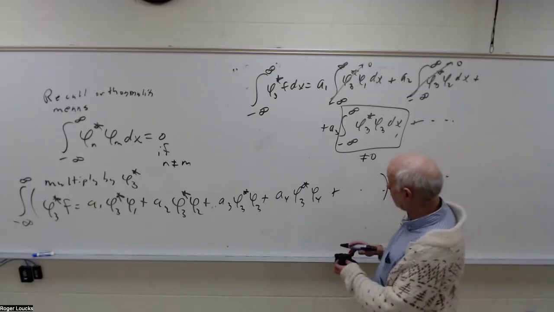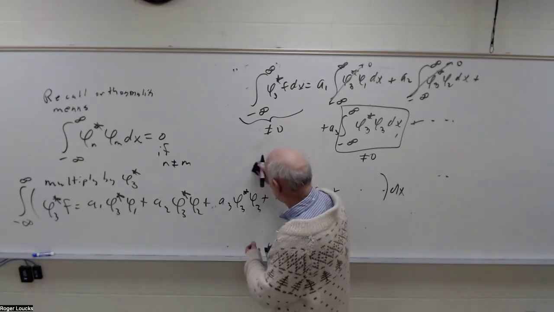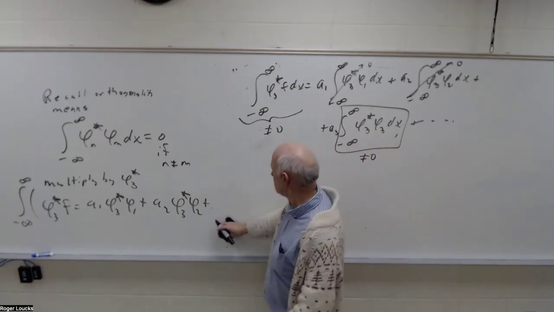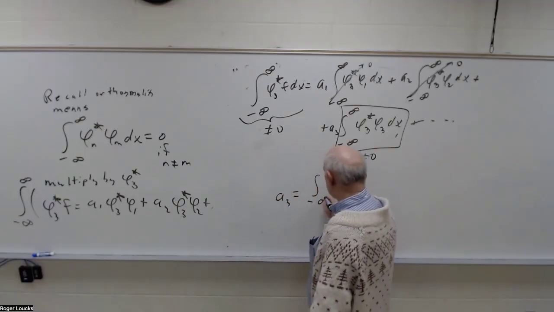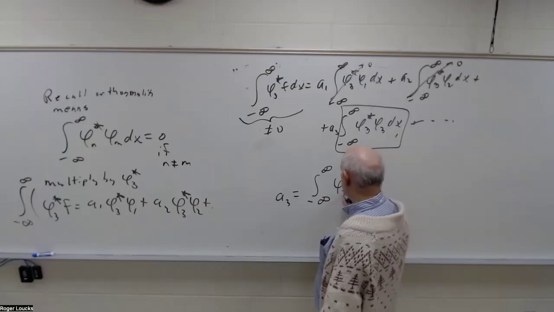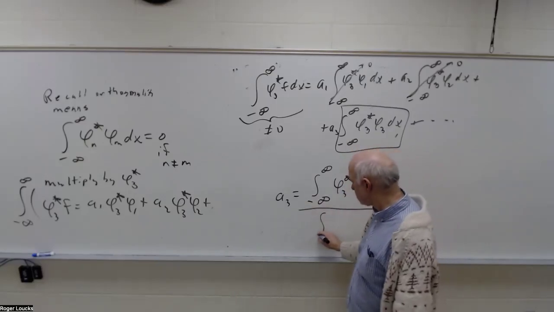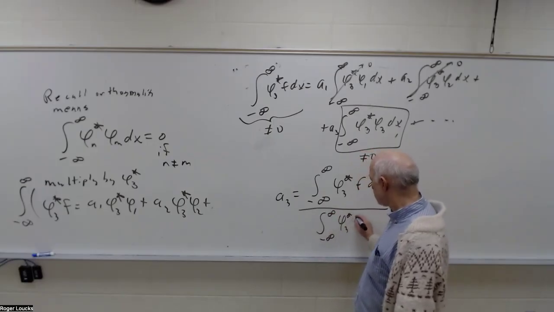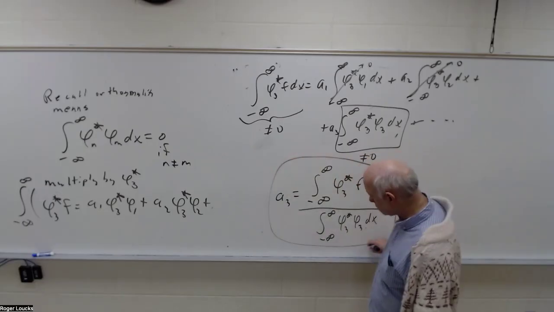This side here is not equal to 0. So what that means is that A3 equals the integral from minus infinity to infinity of phi 3 star f of x, all over the integral from minus infinity to infinity of phi 3 star phi 3 dx. This is a well-defined constant.